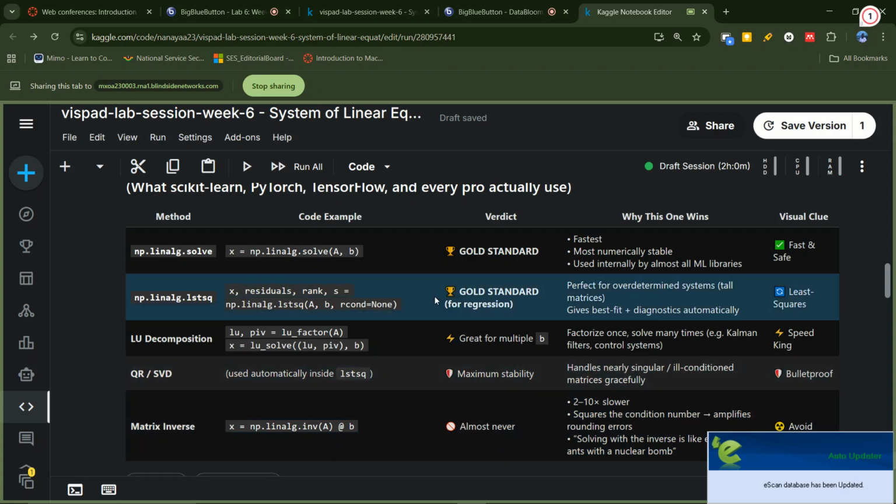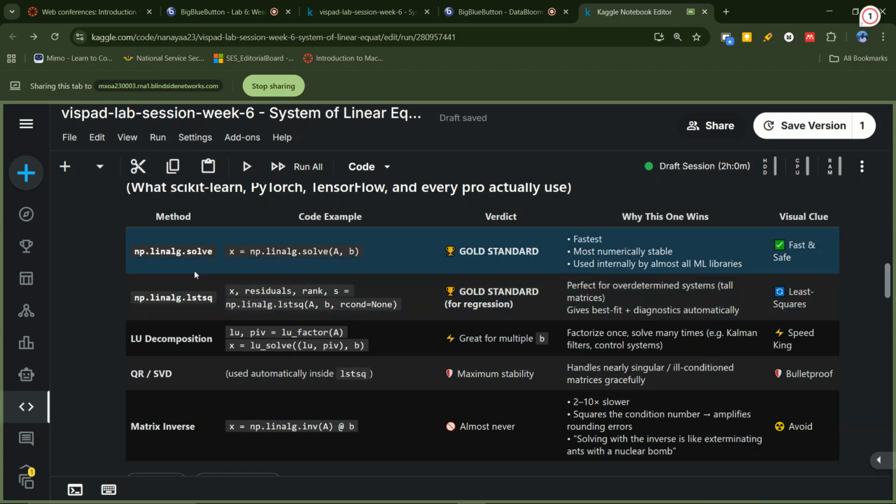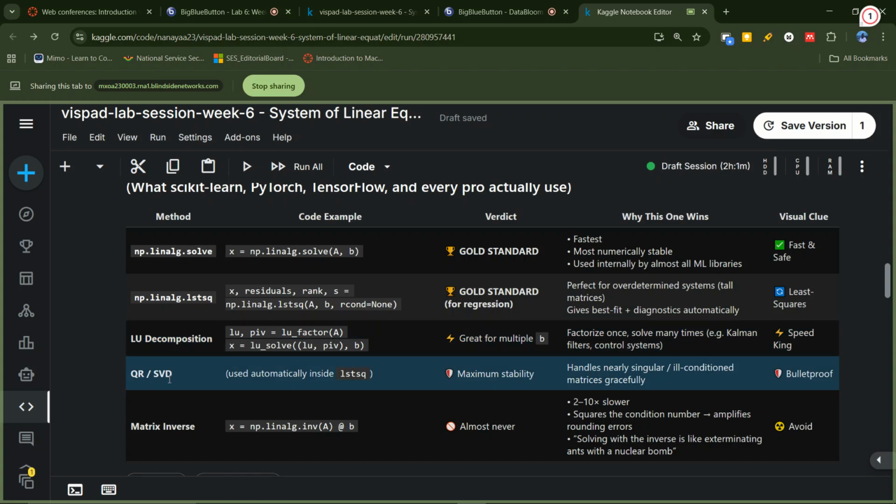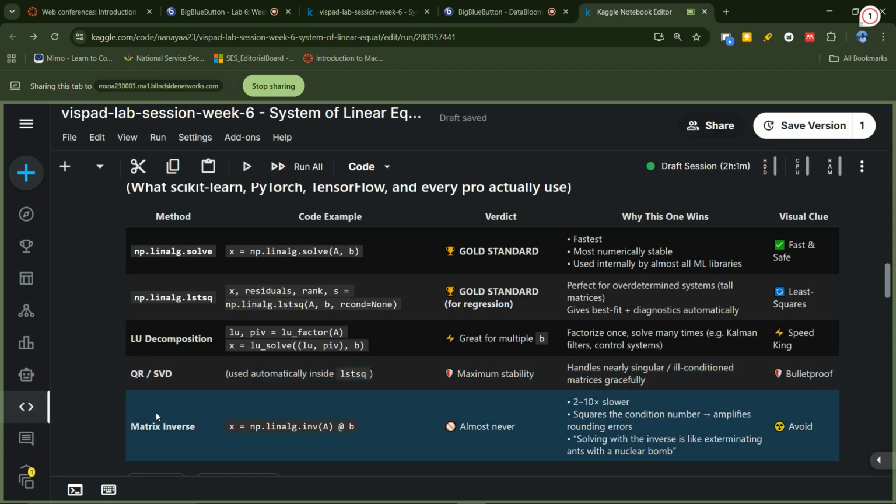The gold standard for regression is these two, I hope you can see where the pointer is pointing. Then QR and singular value decomposition we can use. But for matrix inverse, you should always try to avoid it. Machine learning always tries to avoid it, it doesn't even use it at all. You might say we can also use this to find the unknown. So why does machine learning avoid it in the first place? In the next cells, you'll be able to understand what I mean.